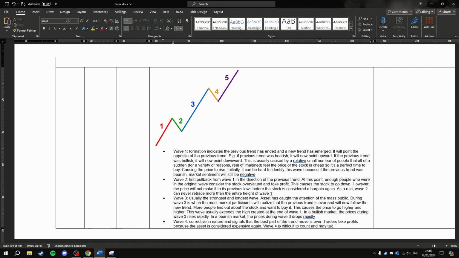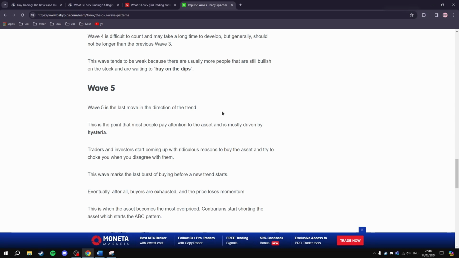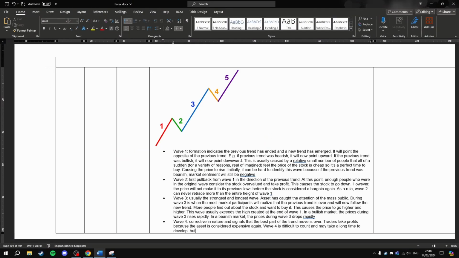It may take a long time to develop, but generally shouldn't be longer than the previous wave 3, so it shouldn't drop all the way like over here.